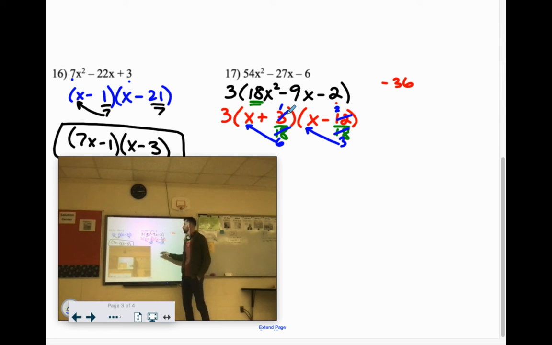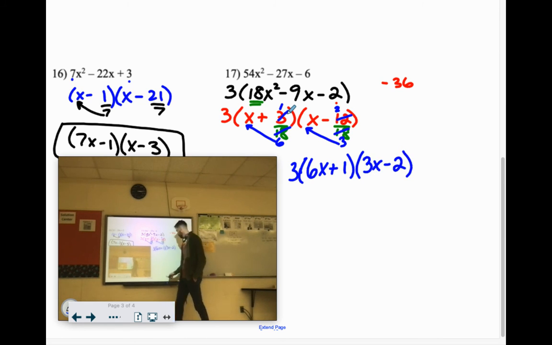We'll kick 3 to the front. So we have the 3, the first set of parentheses is 6x plus 1. The second set of parentheses is 3x minus 2.